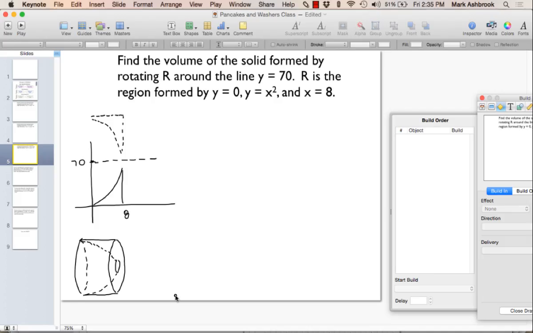This is what you get. So when you rotate that thing around y equals 70, that's actually not one of the edges of our original region. So because it's away from the region, you rotate it and you get this hole, right? So you get this hole in the middle. So this is like a cylindrical bowl with a hole in the bottom. It's like a toilet or a really weird roll of toilet paper or something like this. But it's like we could turn this on its side and try to fill it up, but then everything would run out the bottom because there's a hole at the bottom.